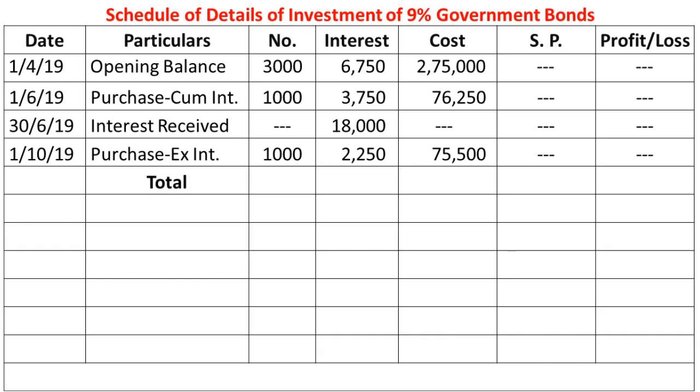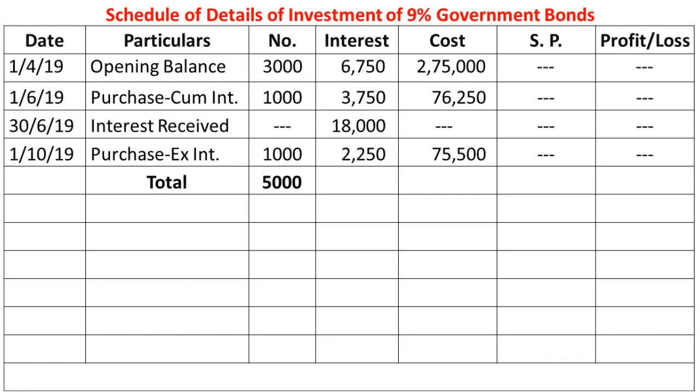Before that, whenever there is a sale, we need to take the total of whatever is available with us. So we need to take the total of the number column and the total of the cost column. Here in the opening balance we have 3,000 government bonds. We purchased 1,000 government bonds cum interest, and on 1st October we purchased another 1,000 government bonds. So in total we have 5,000 government bonds with us.